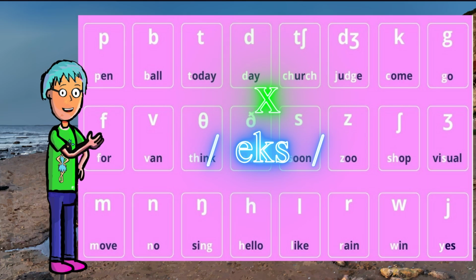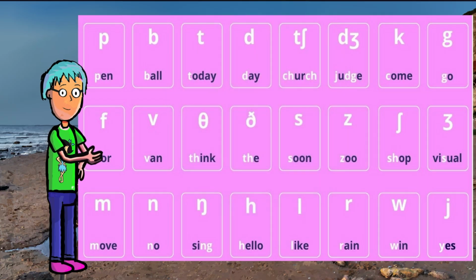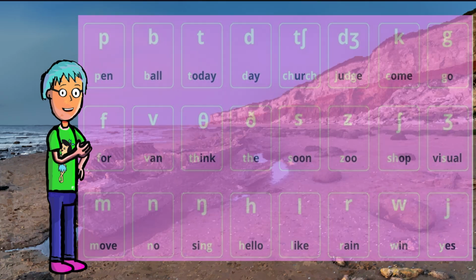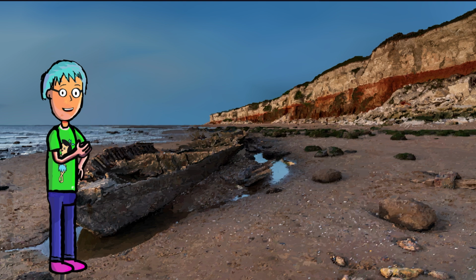This is the sound X. Or if I write it in X-ray, it would be written this way. Or the letter Q is always written with a K and a W. Okay, so that's it for the rules around using phonetic symbols.